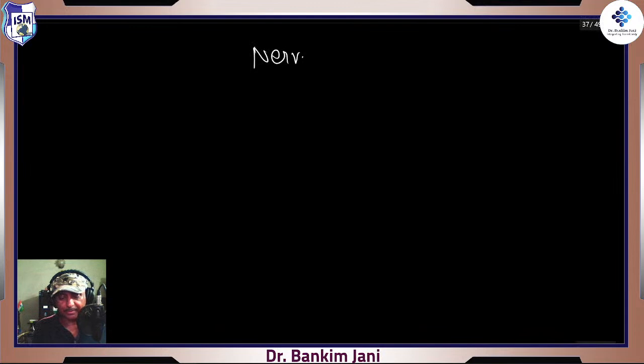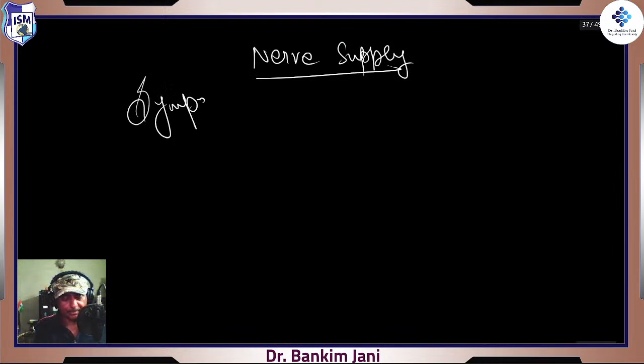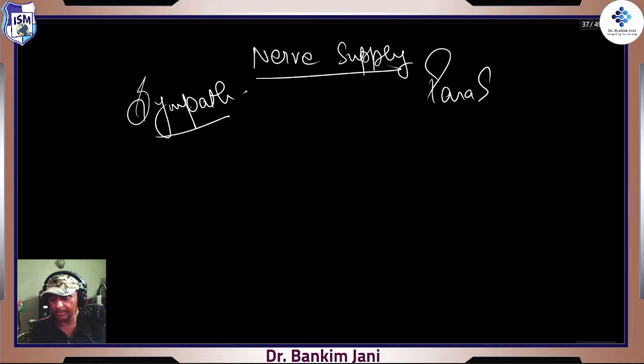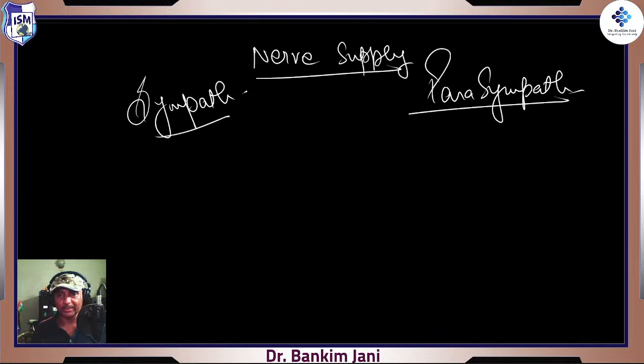Nerve supply, we will be using our same style. Sympathetic and parasympathetic. And the moment we talk about parasympathetic, because we are dealing with foregut, vagus, right?